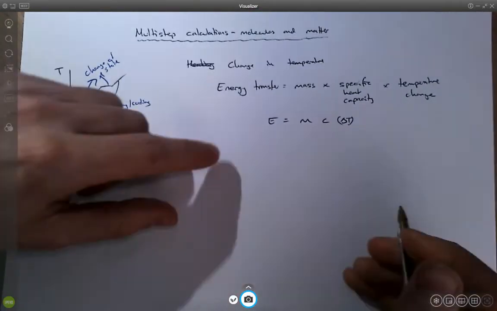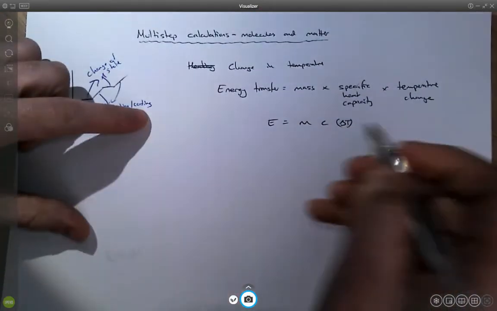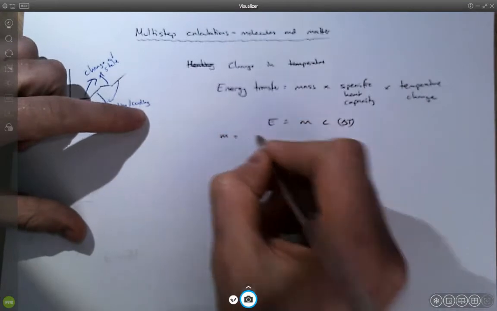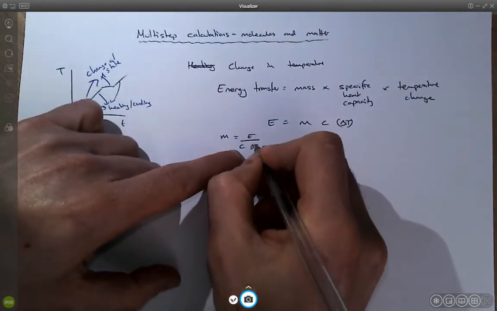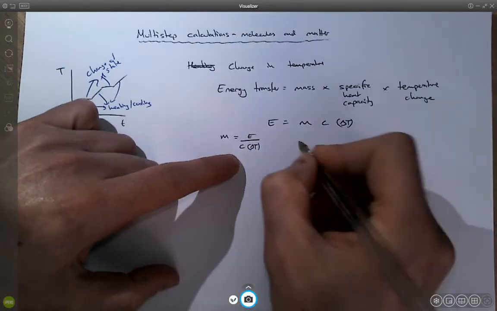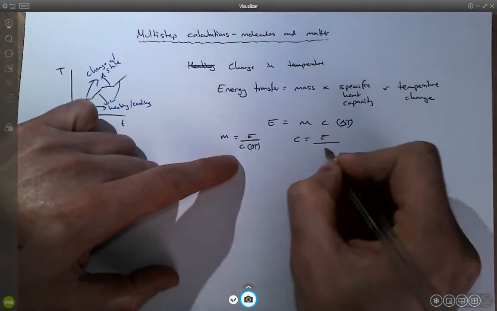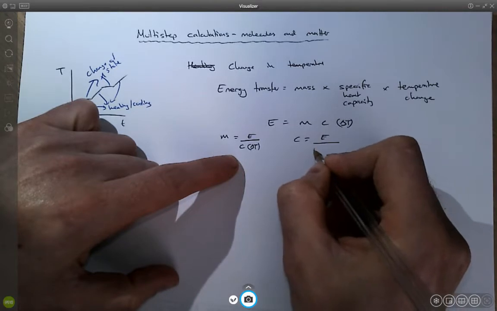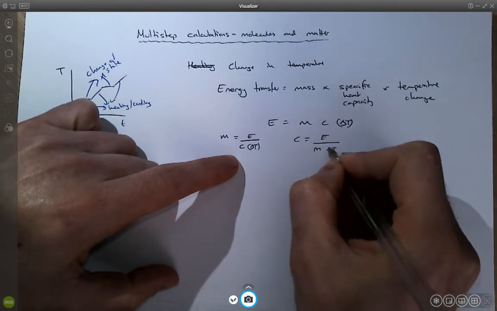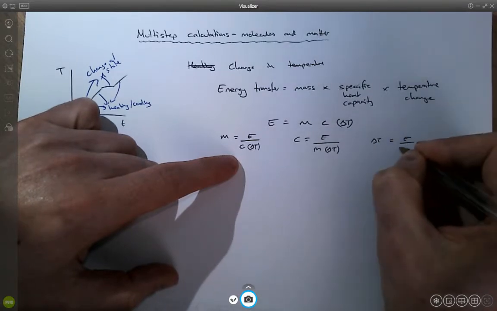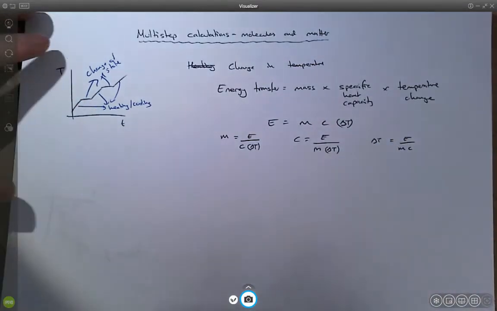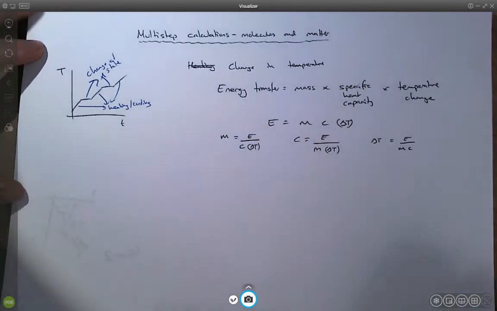If we want to write this out to work out a mass, for example, we would write mass is energy divided by specific heat capacity times temperature change, or we could write heat capacity is energy over mass times temperature change, or even temperature change is energy over mass times heat capacity. And you are expected to be able to rearrange it for these.